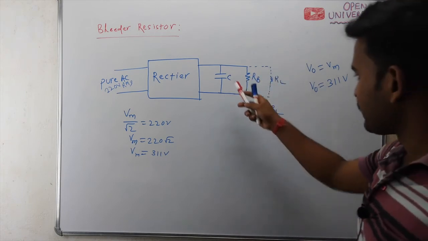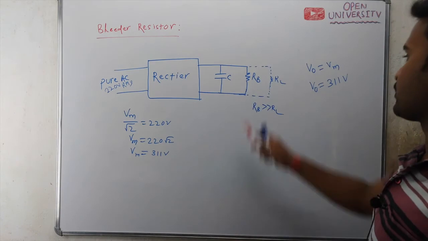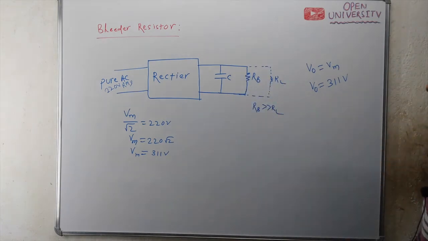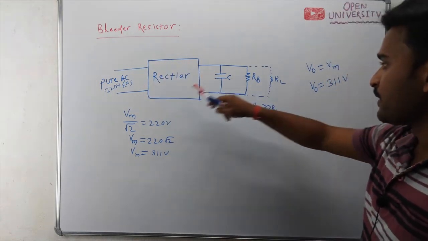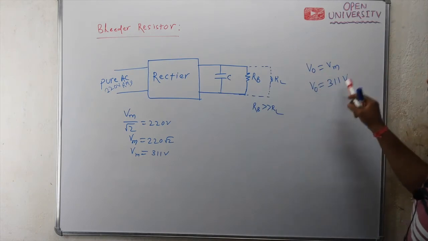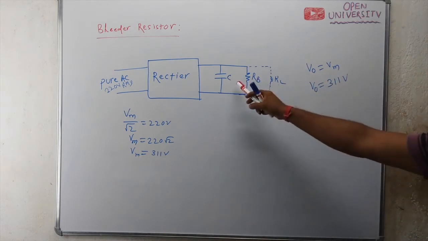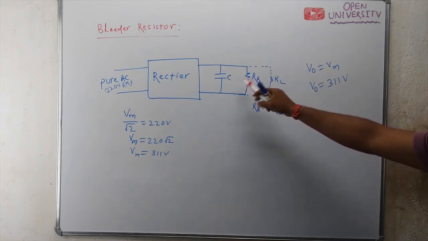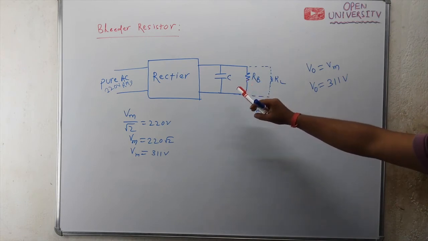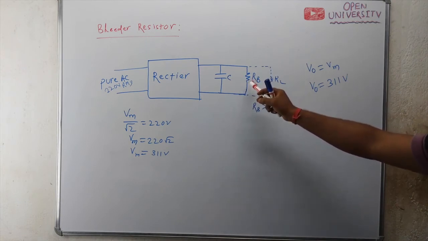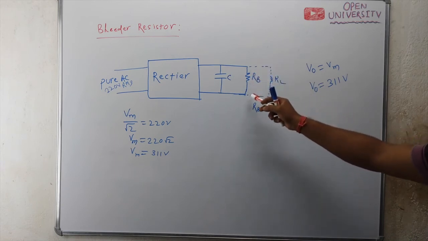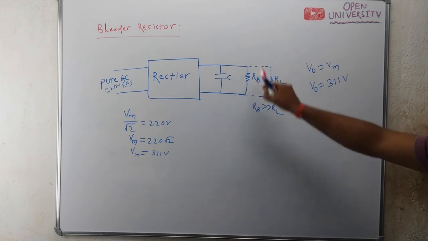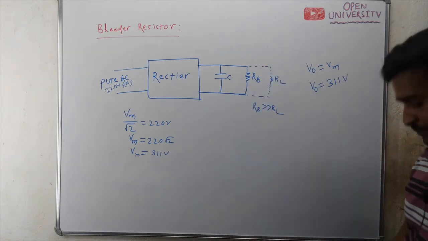Slowly the capacitor voltage will decrease. Even if power supply is not connected, the capacitor will have 311 volt, which may result in electrical shock. That's why to avoid electrical shock we connect a very large resistance so that the capacitor can discharge. Write down this point.